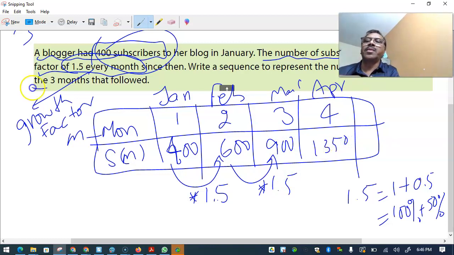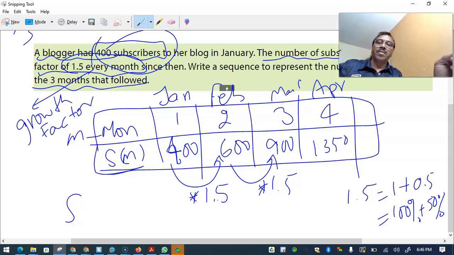That's all they're asking. I hope it makes sense. We can also model this into a function, which we are going to do later, because here I'm focusing mostly on practice problems.